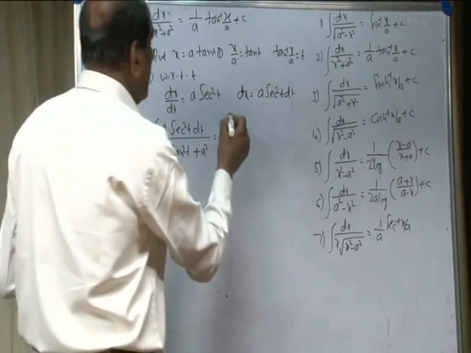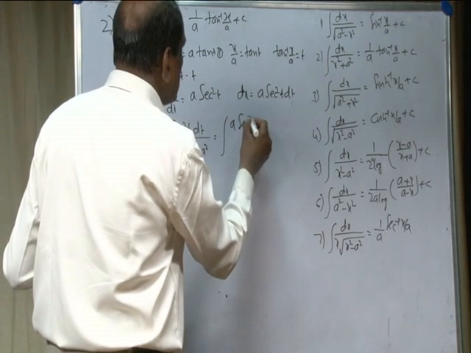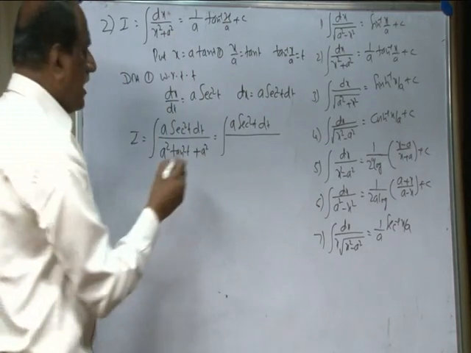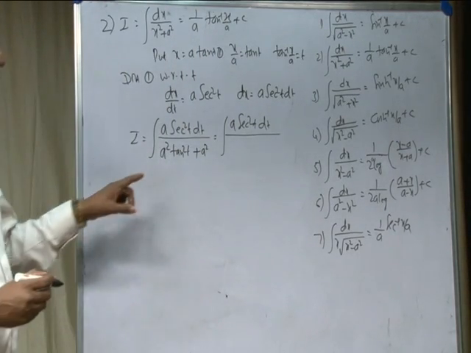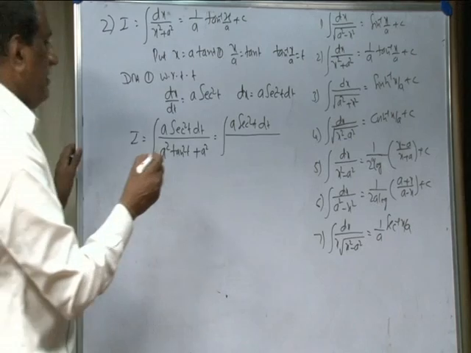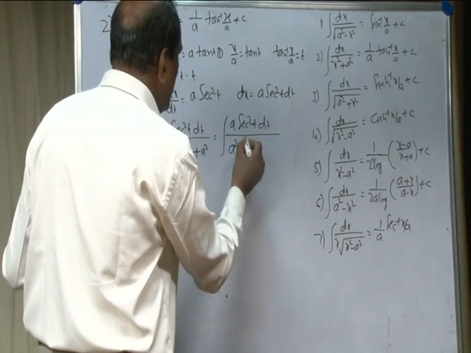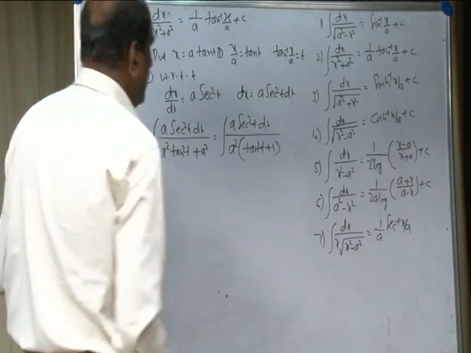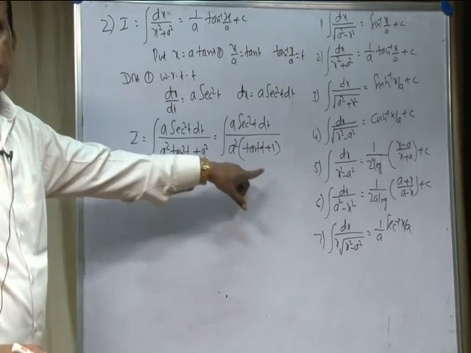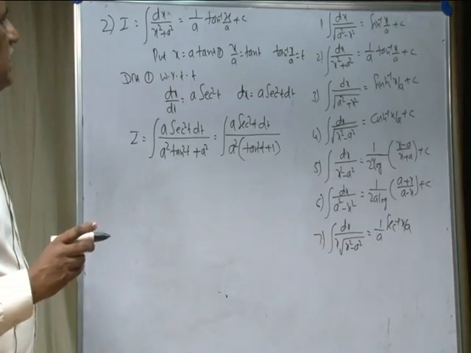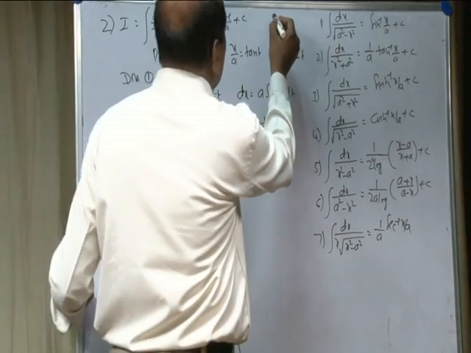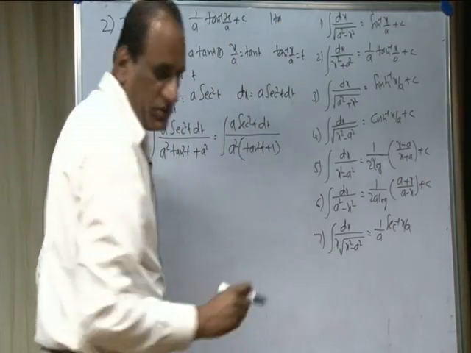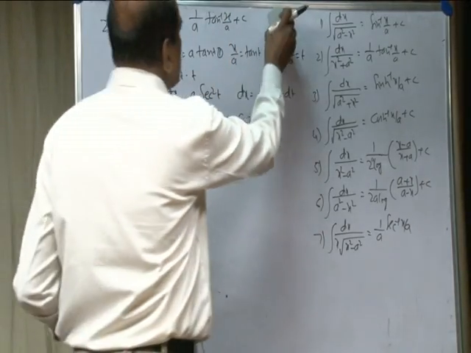Now see here, the numerator is a secant square t dt, divided by the common factor in the denominator. a square is the common factor: a square into tan square t plus 1. There is an identity in trigonometry: 1 plus tan square t is equal to secant square t.